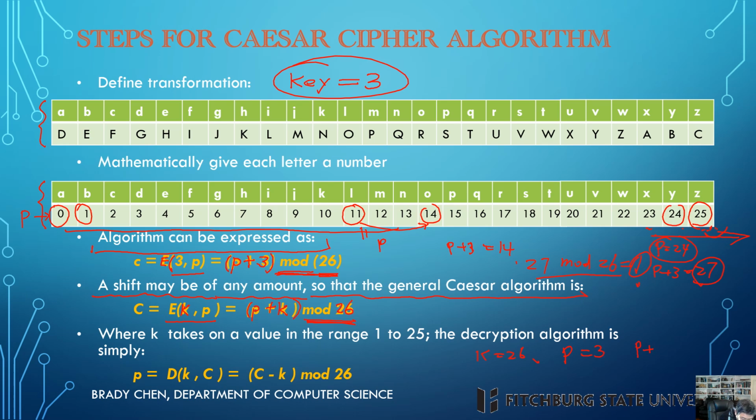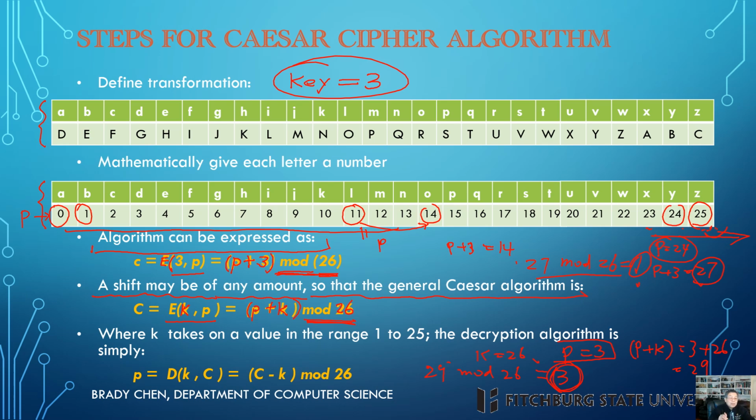Encryption: P plus K is 3 plus 26, which is 29. Now if we use modular 26, 29 mod 26 gives us 3. So the original text P is 3, but the encrypted message is also 3.